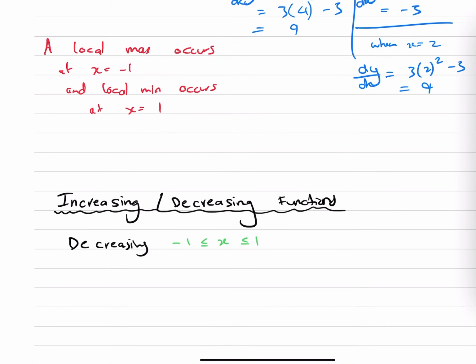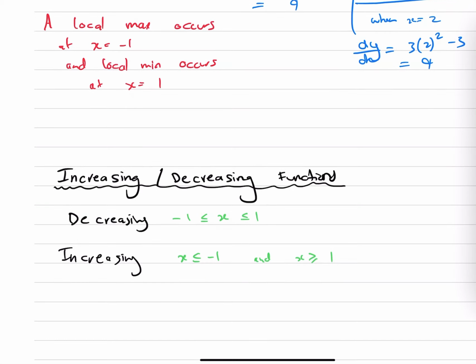And it's increasing anywhere other than that. So I'm going to say that when x is less than or equal to -1, and when x is equal to or greater than +1. Now, it's better to write those two separately.